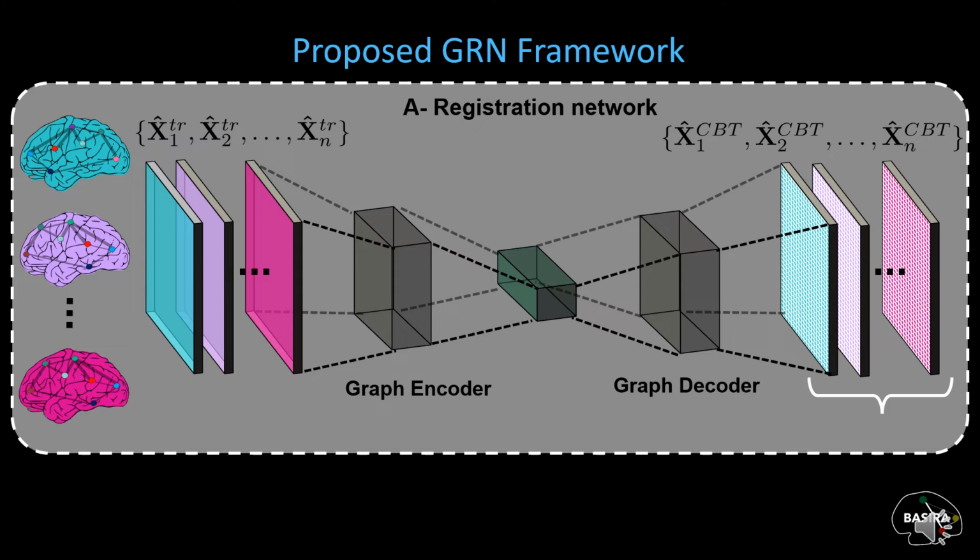The registration network generates the individual connectivity patterns of each brain graph with respect to the population center by learning how to transform each brain graph into the CBT. The registered graphs will be more class-wise distinct compared to their original selves, easing the plugin GNN's classification job.